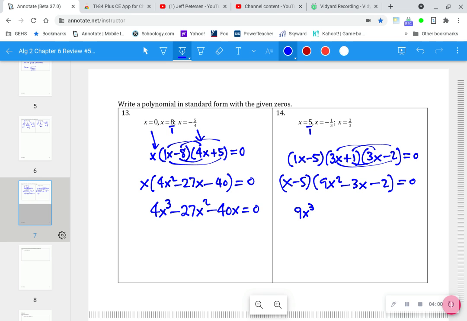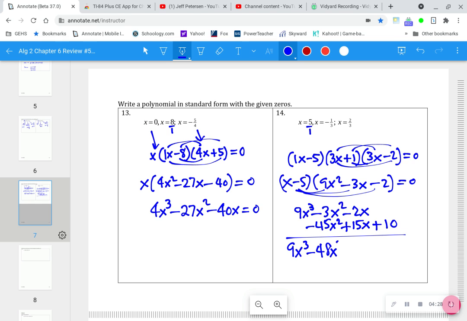And then x times the next one is minus 3x squared, and x times the negative 2. And then I do the negative 5 and combine them here in a minute. So that's going to be plus 15x on the next column, and finally plus 10 on the end. And I'll have to remember to put that plus 0 on there when I'm done here. There we go. We got our polynomial in standard form that has those solutions.